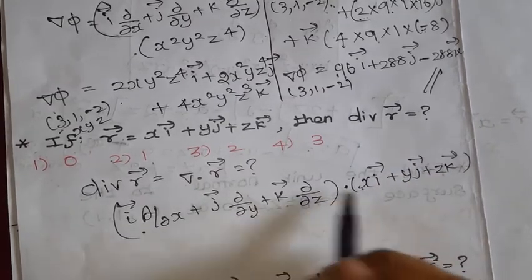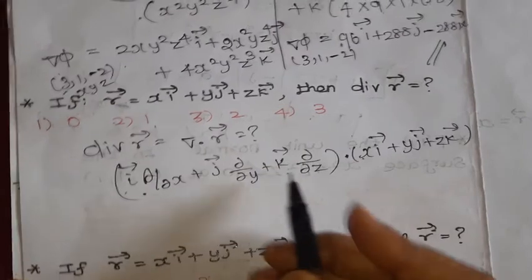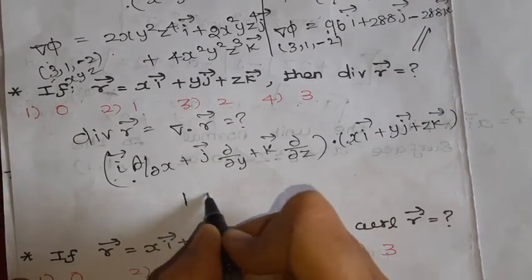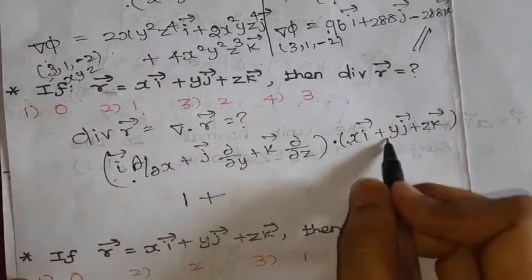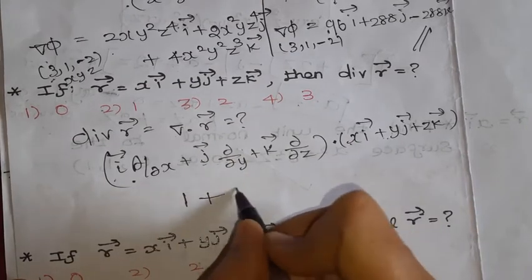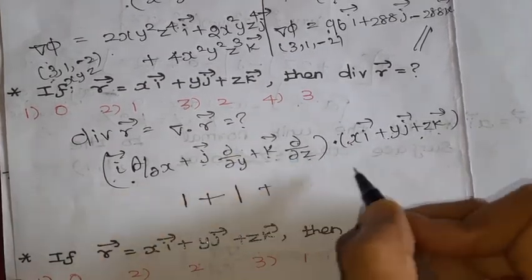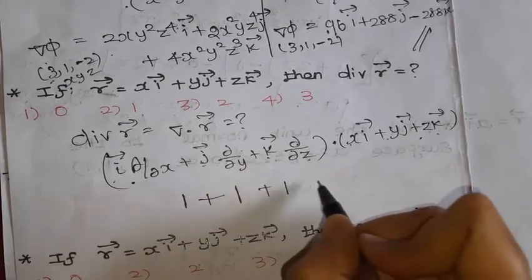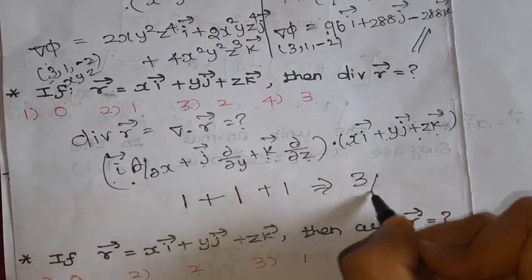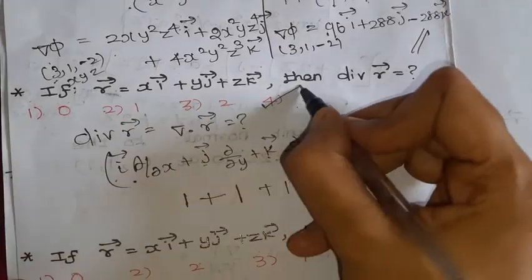So i into i dot product, dou x by dou x we get 1 only. Then plus j into j, dou y by dou y, 1. k into k, dou z by dou z of z, 1 only. So 1 plus 1 plus 1 is 3. So divergence of R is nothing but 3. Option 4 is the right option.